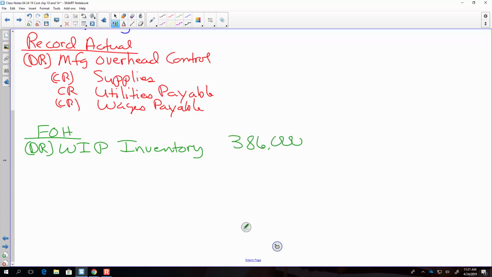They were both unfavorable, both the spending and the volume. So I'm going to be debiting both of those. Fixed overhead spending variance. Fixed overhead volume variance.